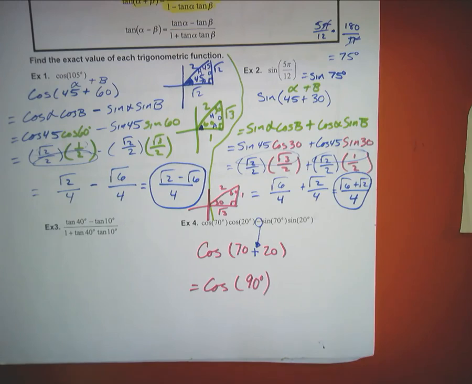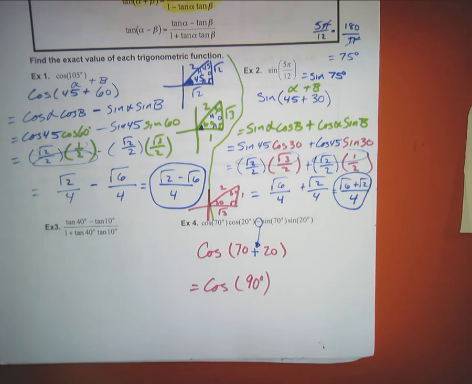Why is that not right? Even if you typed in cosine of pi over 2, it's still going to be wrong.